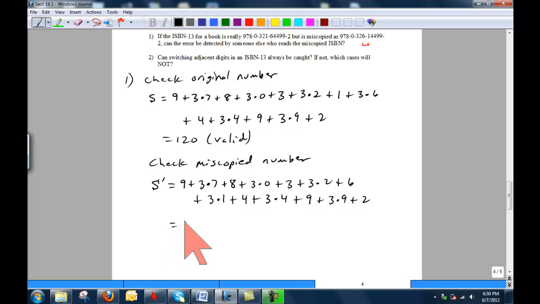This works out to be 110. Question: will this error be detected?